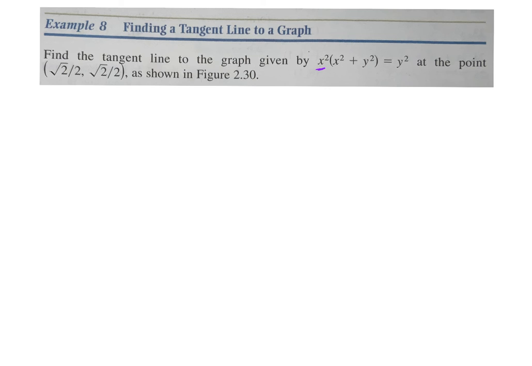So I personally would probably just distribute that x squared through. So I would say x to the 4th plus x squared y squared equals y squared. I would do something like that. And then do my derivative. So I would have 4x cubed. And then, of course, this requires the product rule.